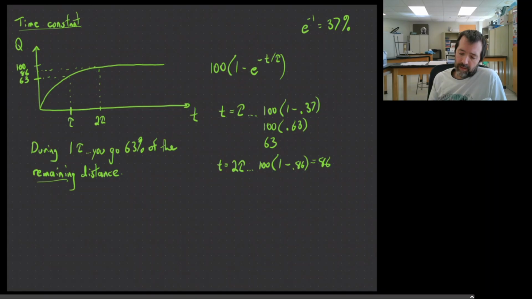And that is a little bit awkward. One of the reasons that half-life is simpler than these exponential time constants is that if you go half of the way, that means there's also half of the way left. So the amount that you went and the amount that remains are both half. But this one is asymmetric.